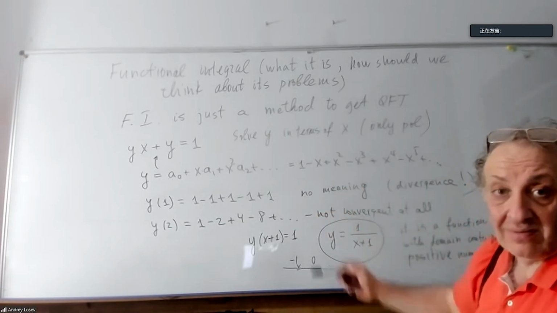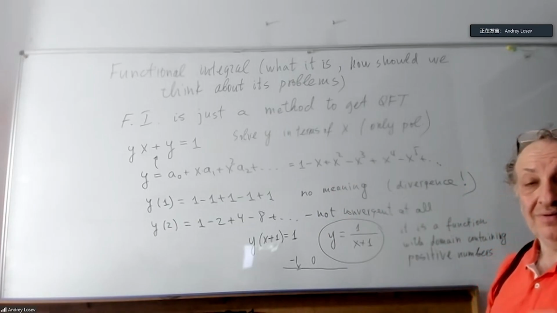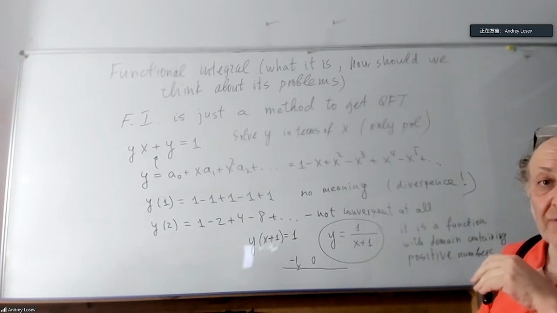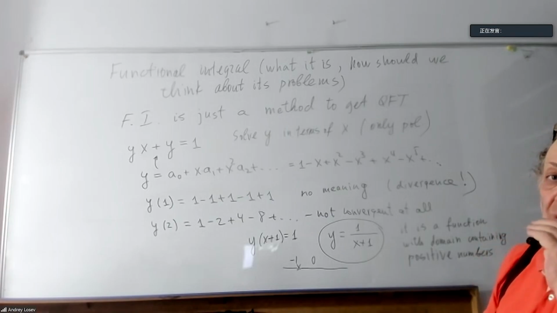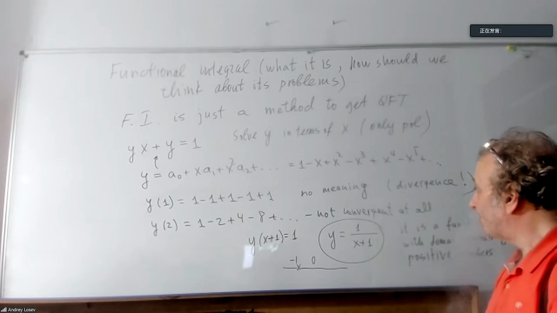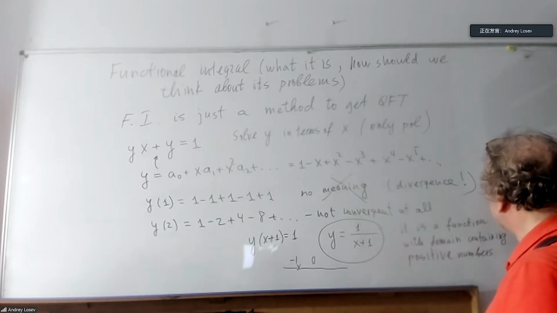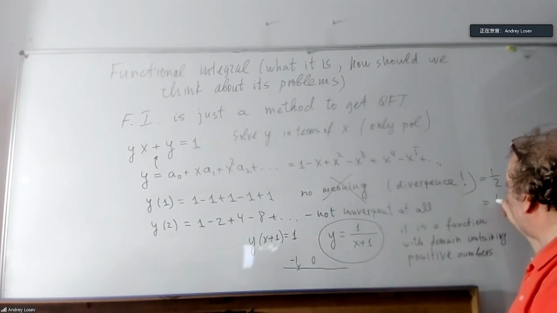However, method could not be applied. You see? So the fact that method could not be applied does not mean that the problem has no solution. It has meaning. This is 1 over 2. And this has meaning. It's 1 over 3.